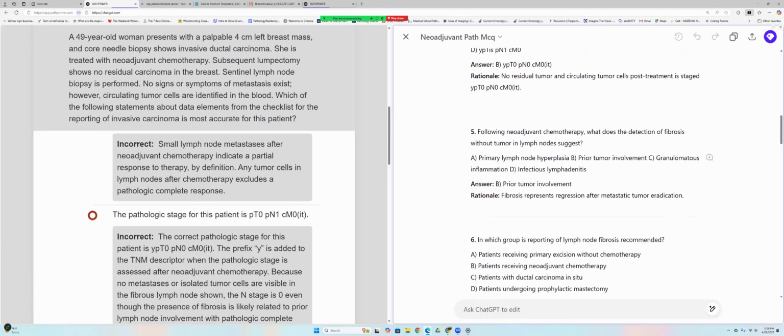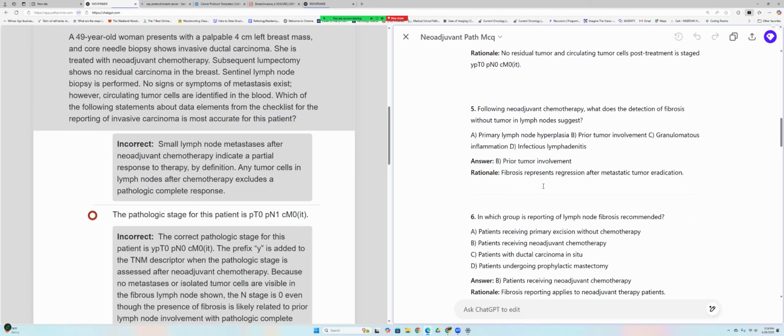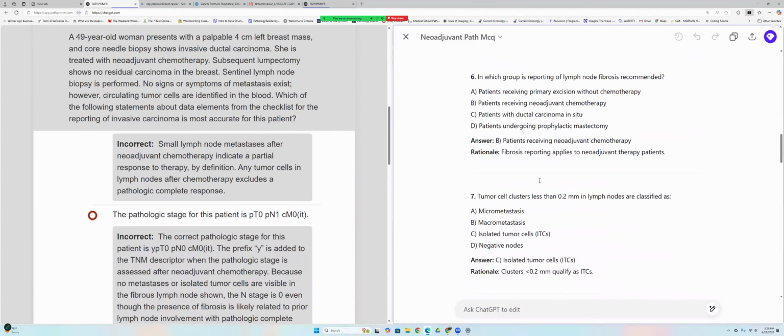Question number 5. Following neoadjuvant chemotherapy, what does the detection of fibrosis without tumor in lymph nodes suggest? Prior involvement. So prior tumor involvement, fibrosis represents regression after metastatic tumor eradication. Number 6. In which group is reporting of lymph node fibrosis recommended?